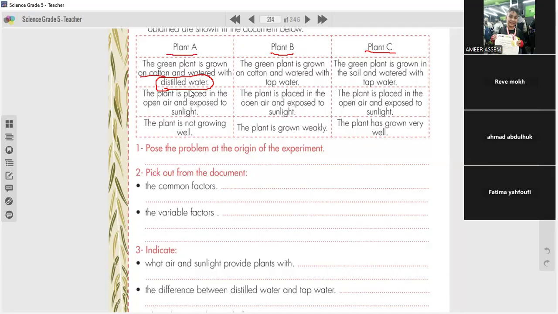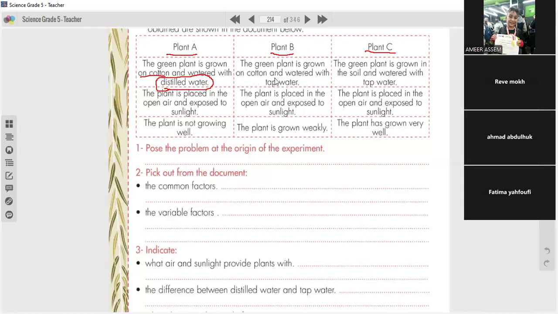Continue, Amira Asim. What about the plant B? Yes, miss. Plant B. Read it. The green plant is grown on cotton and watered with tap water.